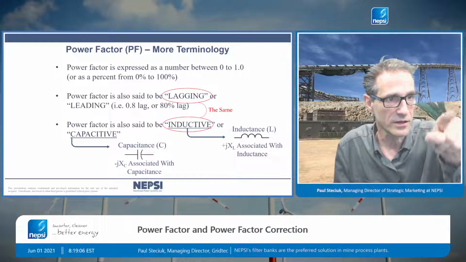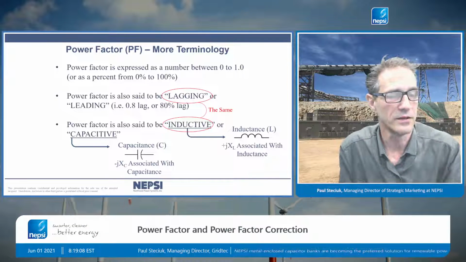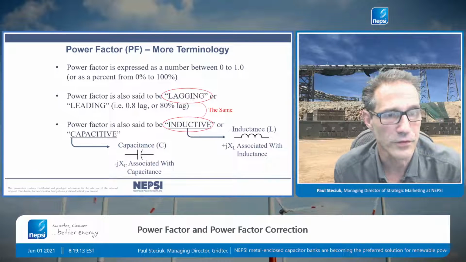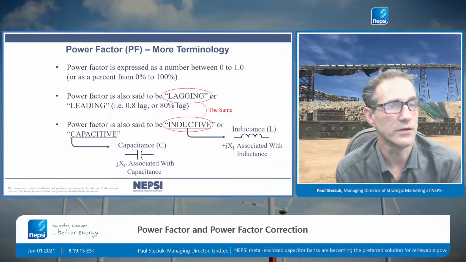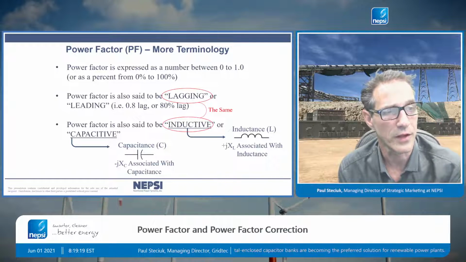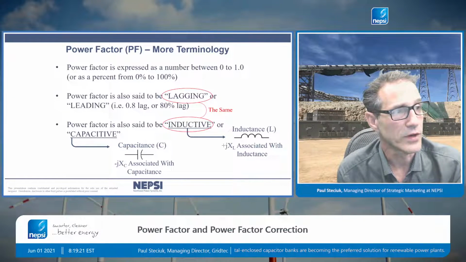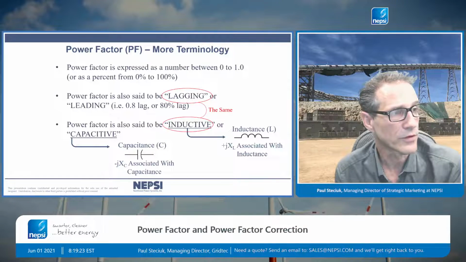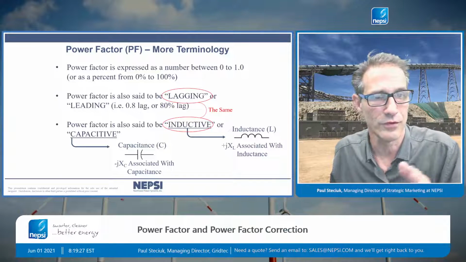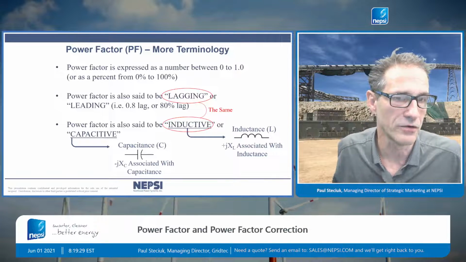Does the peak come in front of or behind the voltage waveform? If the peak comes first, it means the current is leading the voltage. So we have these terms, leading and lagging. Just associate lagging with inductive, and associate capacitive with leading power factor.